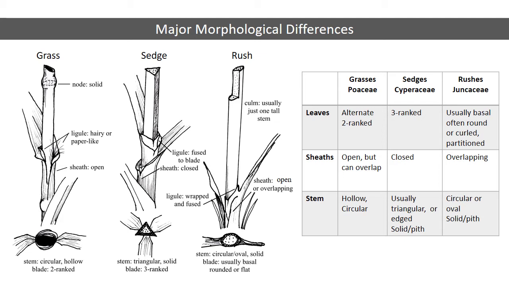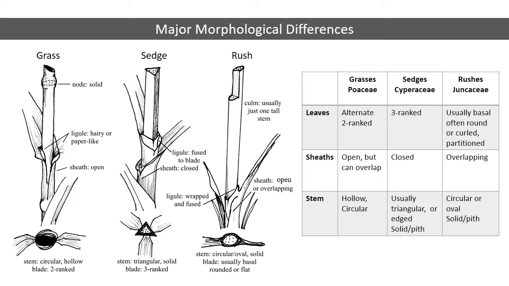Sedges are going to have three, depending on what shape or edge they have, but it's usually more than two, and they'll also be alternate. And then the rush can be varying, so it's a little bit hard, but make sure to just look to see if it's basal or growing up more along the stem itself.